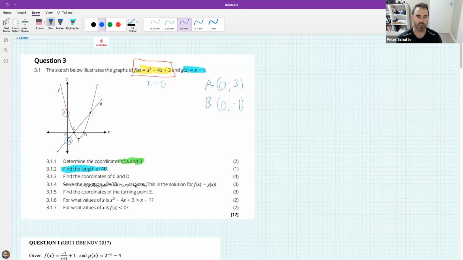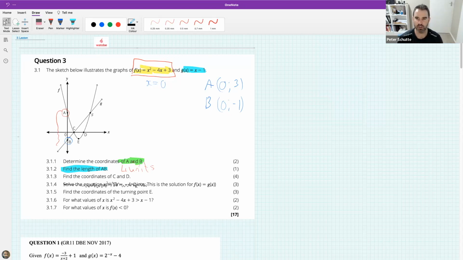So the length of AB is really just the distance between A and B. And you can see it's 3 to get there and another 1 to get down there. So it's going to be 4 units, which I see Paul, Tova, Marang, Fila have all recognized. Okay, cool. So 3 marks in the bag.